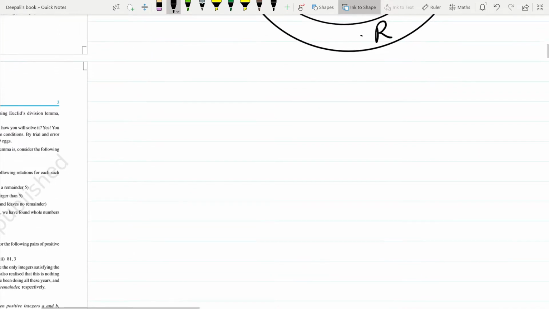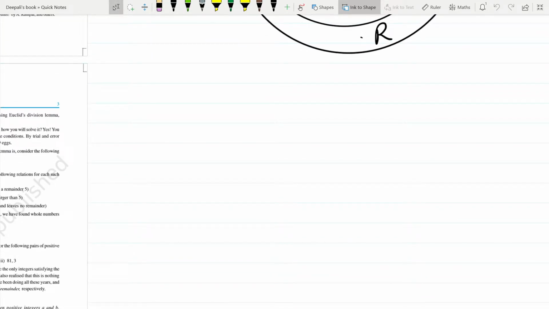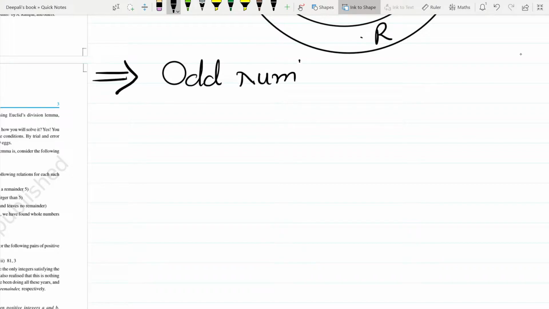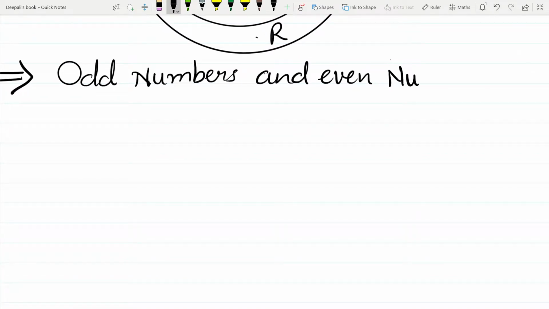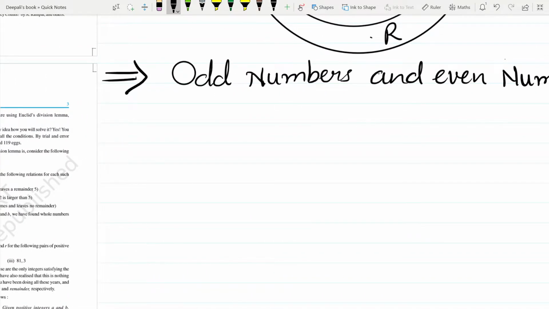Now, let us understand a few more ways of classifying numbers. The second major type of classifying numbers is odd numbers and even numbers. We all know that the numbers which can be paired are called even numbers, or numbers which are multiples of 2 are called even numbers.